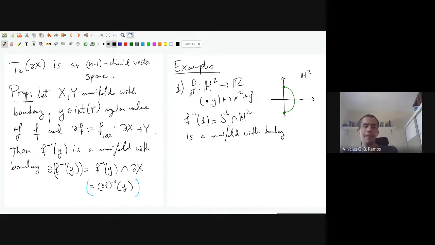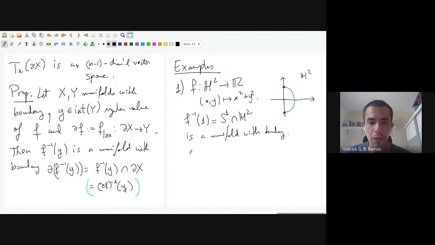That's pretty easy because the derivative is going to be (2x, 2y). So when this is 1, then one of them is different from 0. But you also have to check that when you restrict to this line here, so when y equals 0, the function is just x squared. Oh, sorry, when x equals 0, the function is just y squared. And 1 is also a regular value of this.